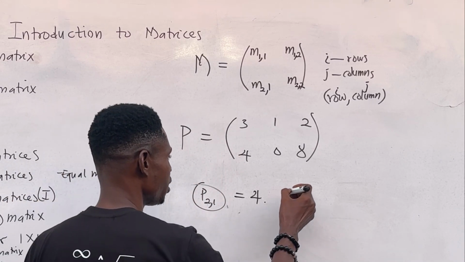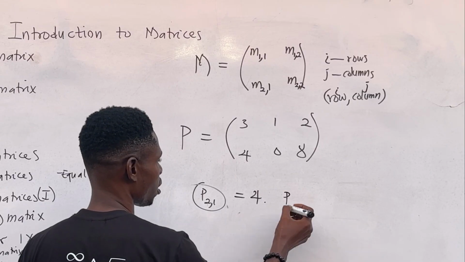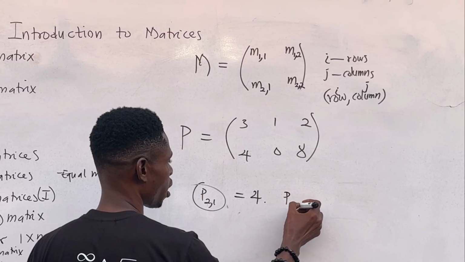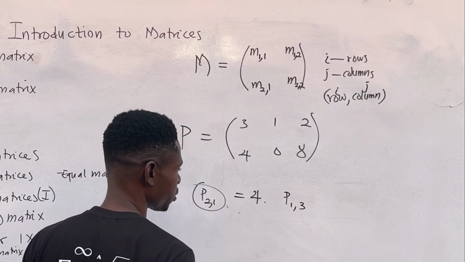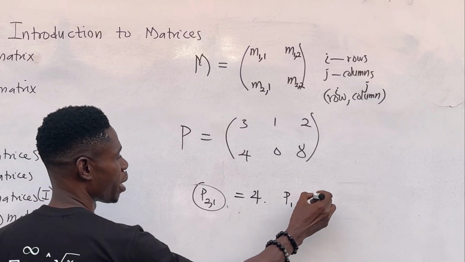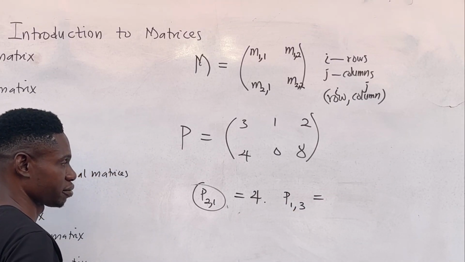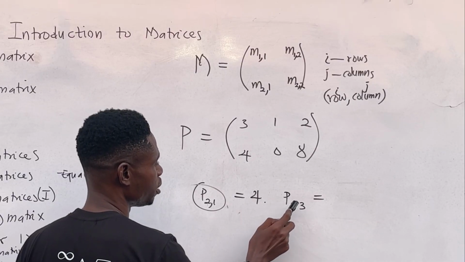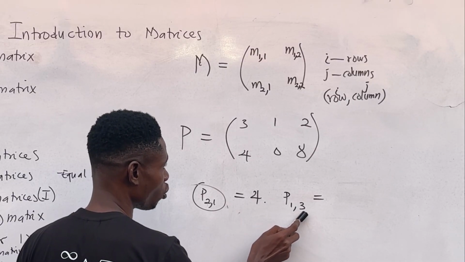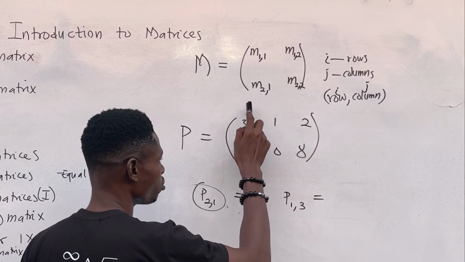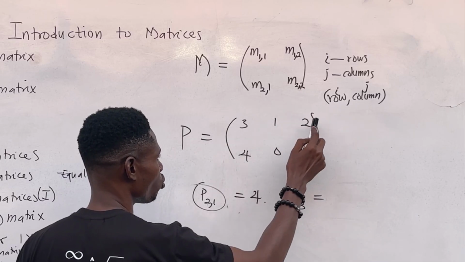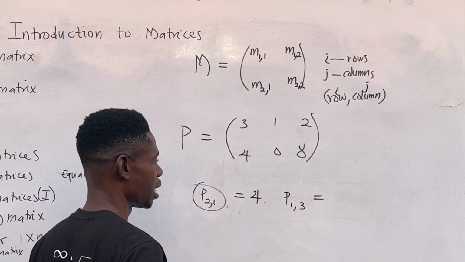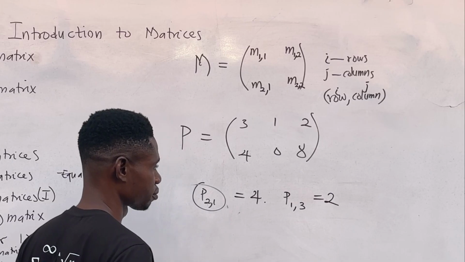So what is P1,3? That's the value of P in the first row, third column. So first row, column 1, column 2, column 3. First row, third column. That will be 2.